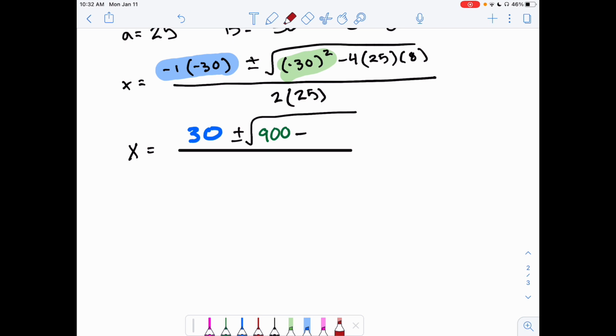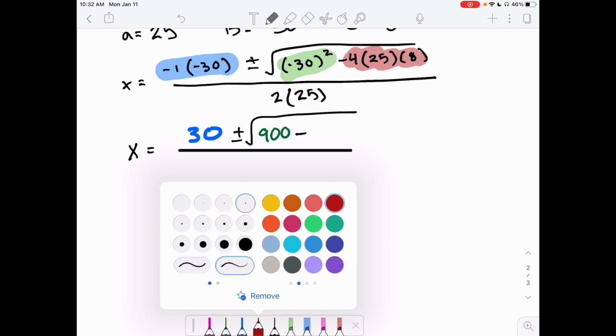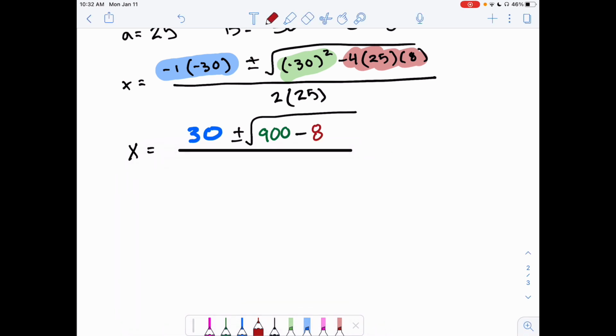Now we're going to evaluate 4 times 25 times 8. And we're going to get 800. Then evaluate your 2 times your a value and see you have 50. So let's keep going.